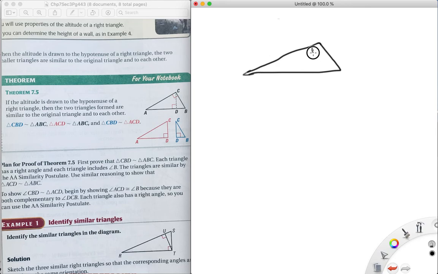Here's the altitude. It comes straight down and forms the 90-degree angle. It's an altitude. A, B, C.